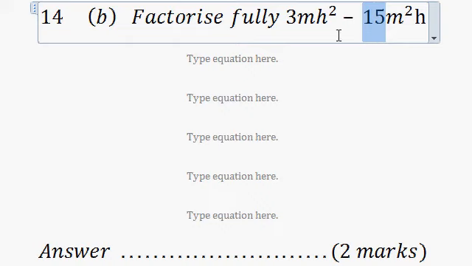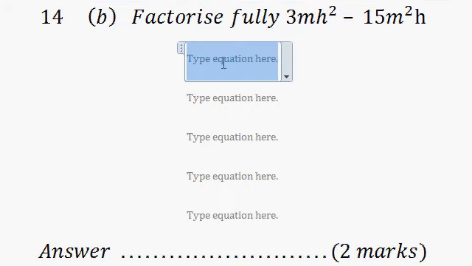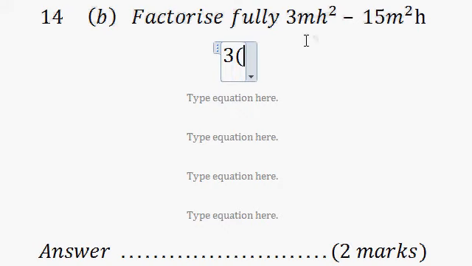So when you're asked to factorize an expression like this, and there are numbers being multiplied by letters standing for numbers, in other words coefficients, you have to find a number that evenly divides into both of these numbers. We found the number 3, so I'm going to write down 3 and then I'm going to open a bracket.